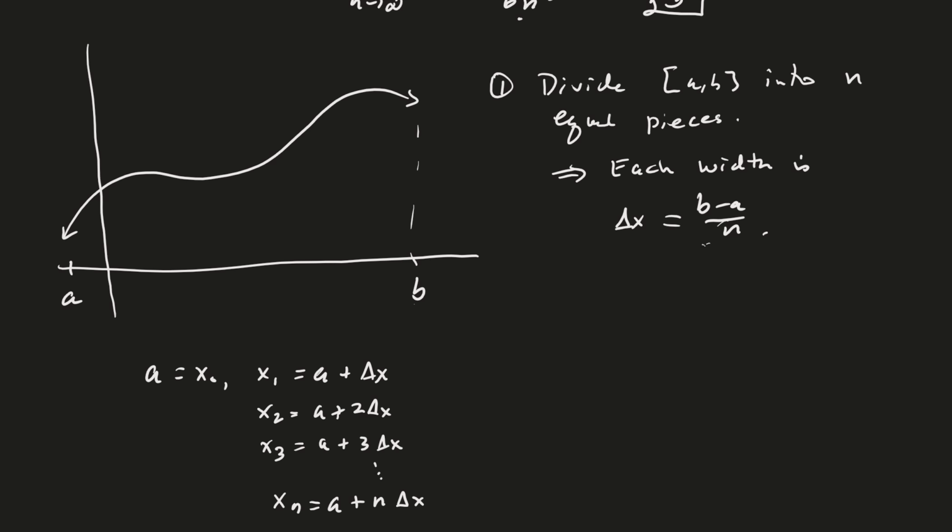And if we plug in delta x, we get that xn is just going to be b. Okay, so this is starting at 0 and going to n. Good.